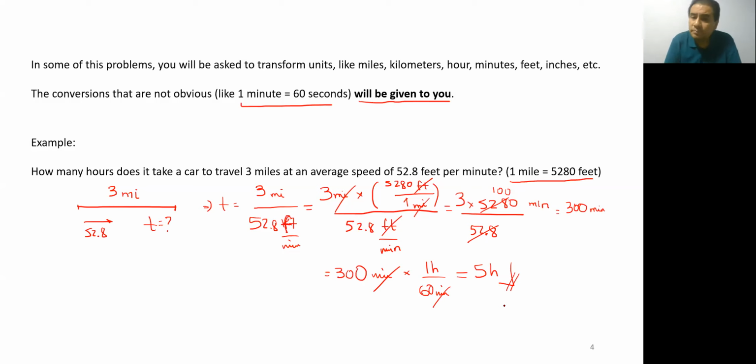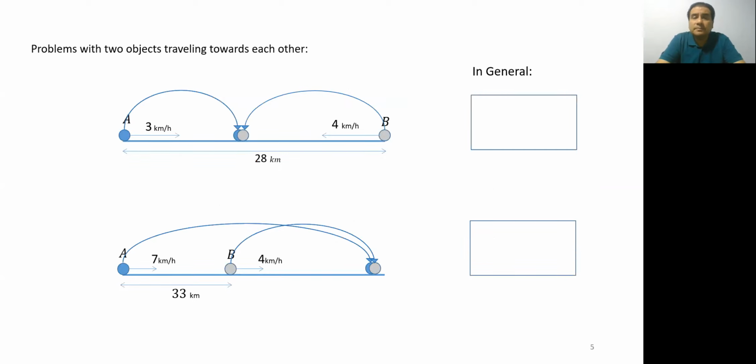Okay, so you can do the conversions using the conversion factors, which are actually rates, right? Fractions, on the numerator, you can put one of the units, and in the denominator, you can put the equivalents, okay?